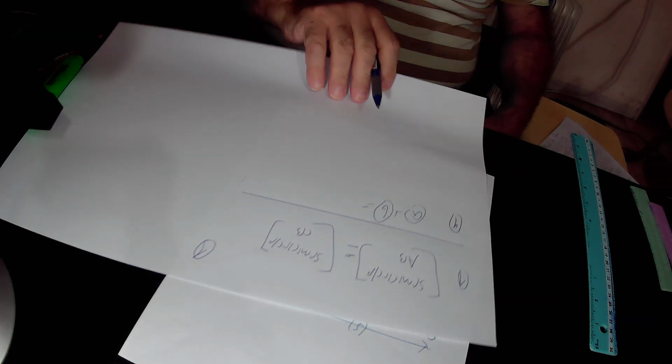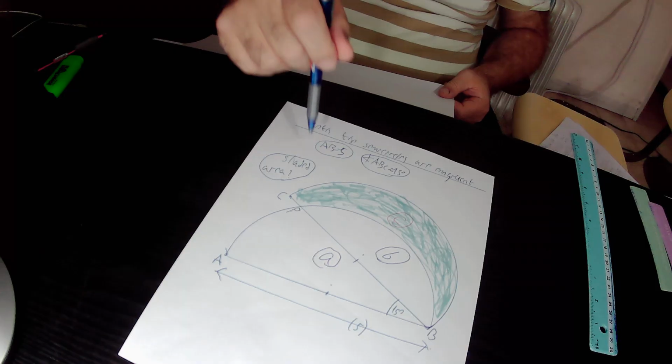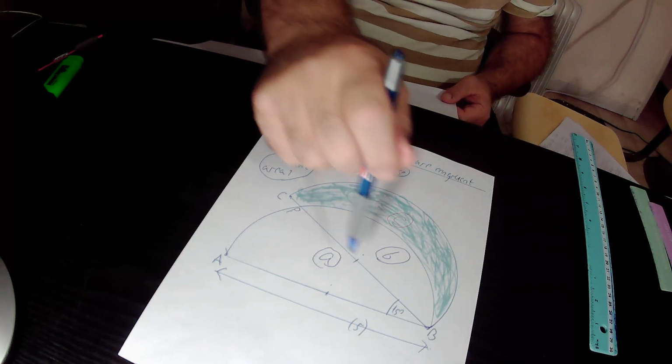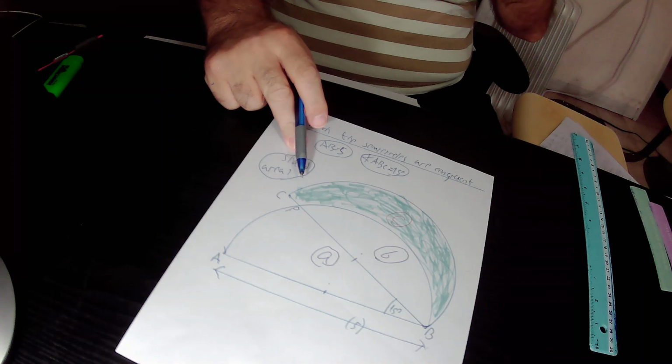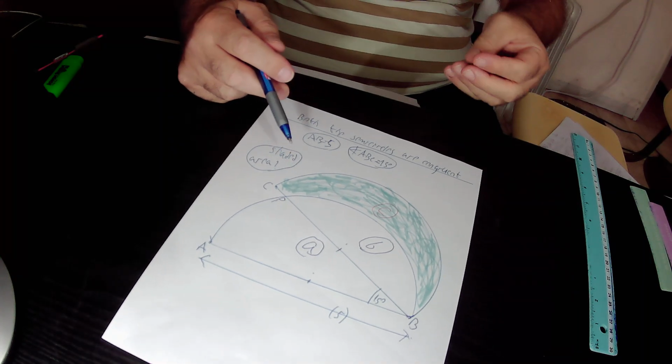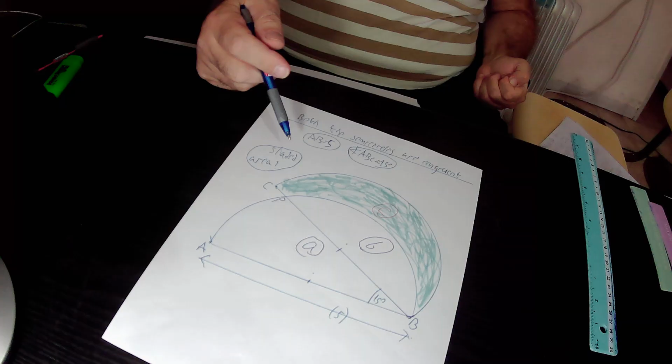And the area of semicircle AB is equal to the area of semicircle CB. What is the area of this semicircle CB? The area of semicircle CB must be equal to the sum of the areas of the two shapes that it consists of.